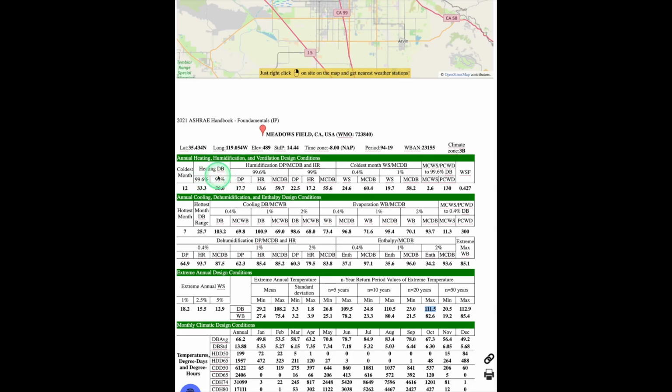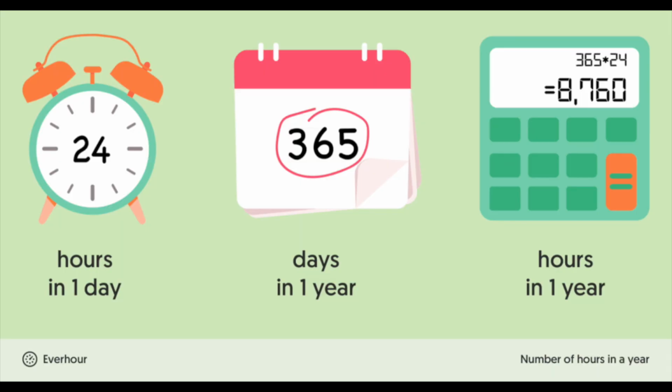Well, let me explain these percentages this way. You have 365 days a year, 24 hours in a day, which works out to be roughly 8,700 hours in a year.